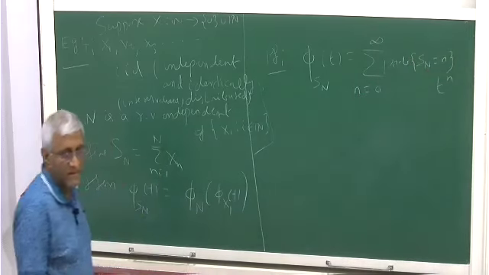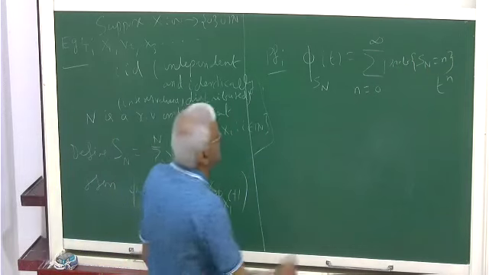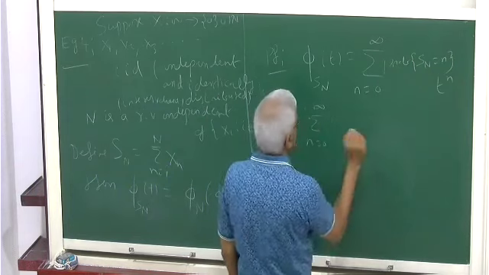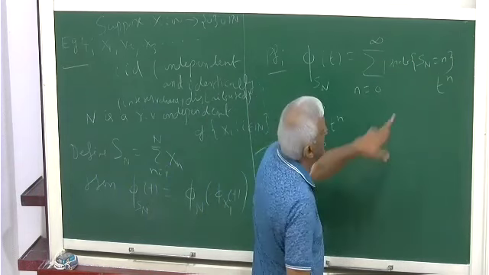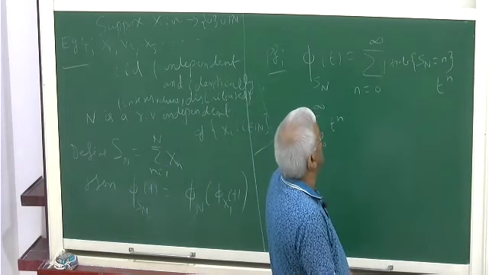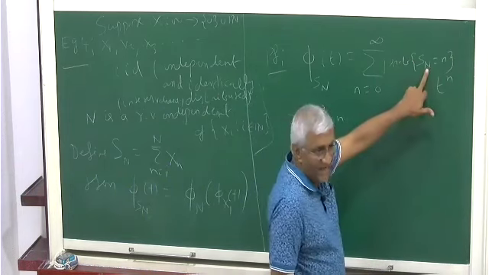This is the definition of the density. Now this is equal to the sum over n equal to 0 to infinity, keeping t to the power n here, of the probability that S_N equals n. But then this N can vary here.